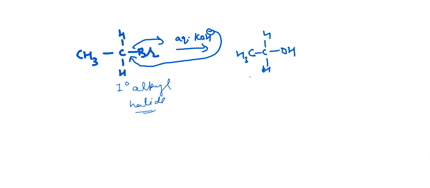So this is our product, but the alkyl halide we are using here is primary. Primary means the carbon is further attached to one alkyl group, and this is our functional group, bromine. So here we are getting a primary alcohol. This is one of our examples.